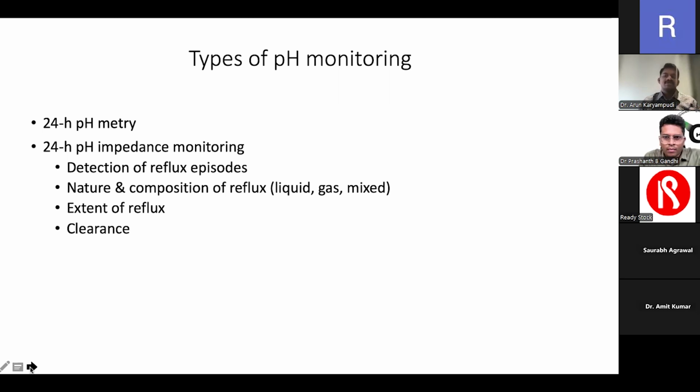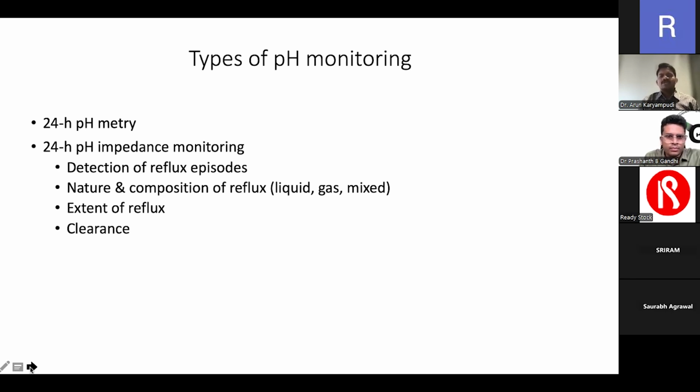It can be with a wire, it can be a wireless capsule, and so on. And you can also extend it beyond 24 hours. But if you combine impedance with pH, the only tool available is with the wire, and that can be done only for 24 hours. If you want to extend, yes, you can, but you need to break the study and then extend it further.